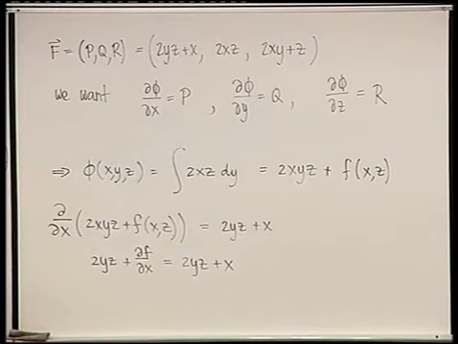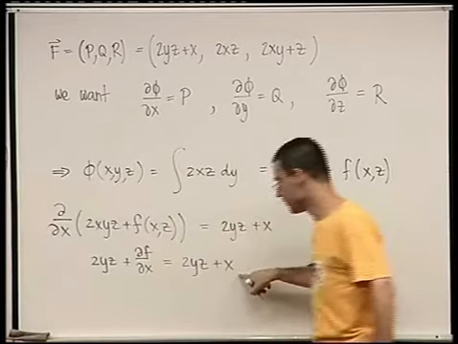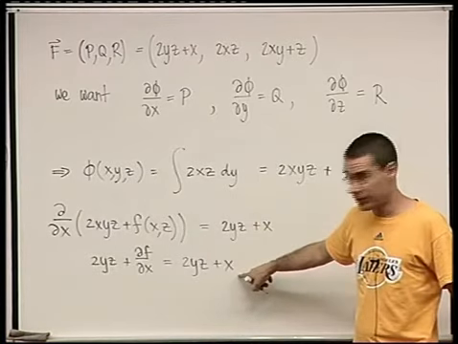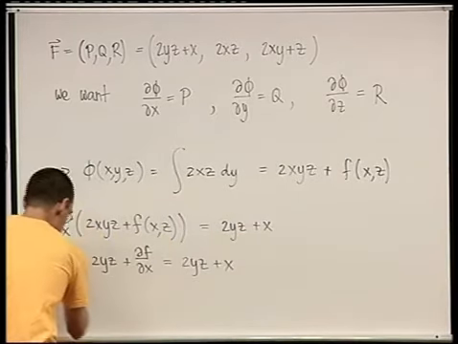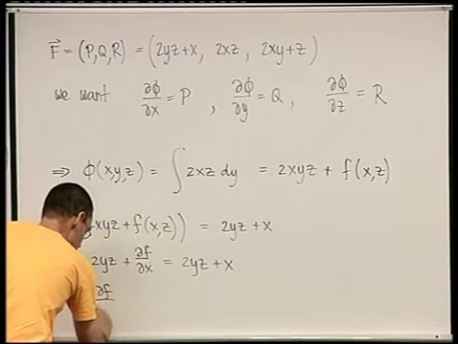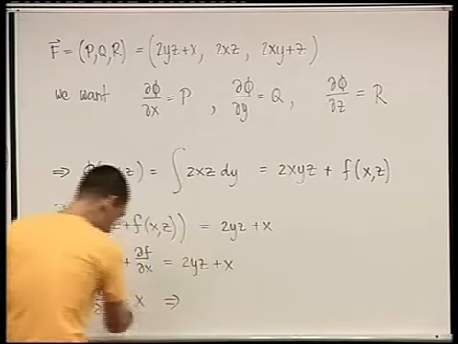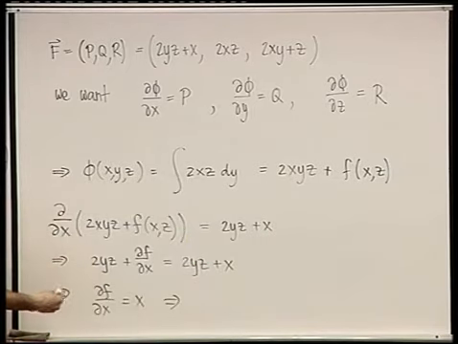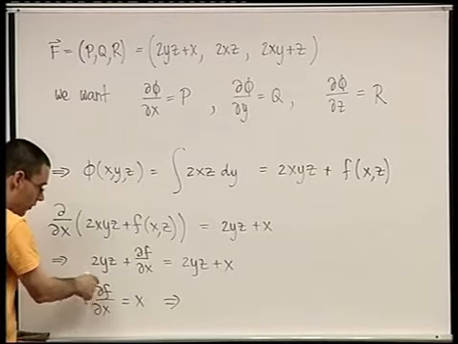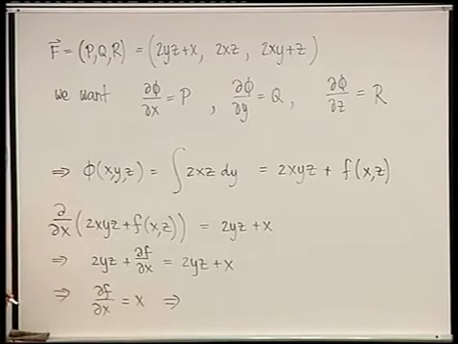Clear? And therefore, what is the derivative of f with respect to x? It has to be x, from which it follows, this is again an indefinite integral. I'm just not going to write that f of x, z is the integral of x dx, which is x squared over 2.